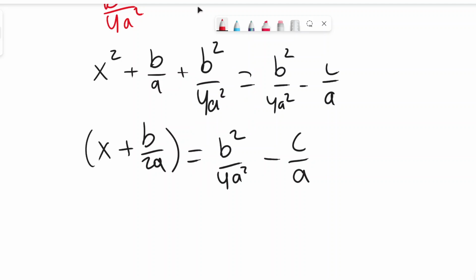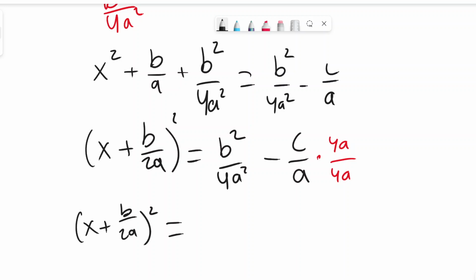So to get 4a squared on both sides, we're just going to multiply by 4a here and 4a here. Now we're going to have, I put a square there, x plus b over 2a squared equals b squared minus 4ac over 4a squared.